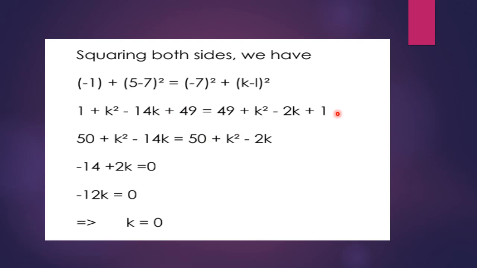Then simplifying and solving the equation, we are left with minus 12k is equal to 0. Dividing both sides of the equation by minus 12, we get the value of k to be 0. And that was the requirement. The question was to find the value of k when P is equidistant from A and B. Hence, the value of k is equal to 0.